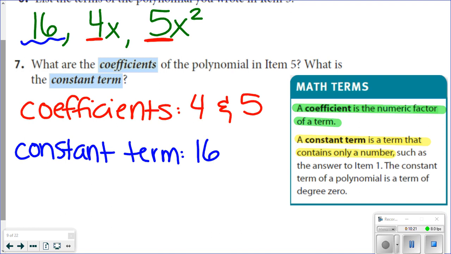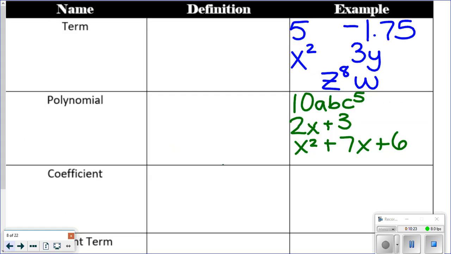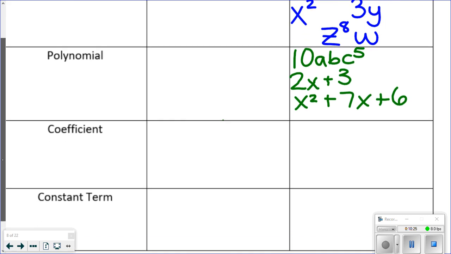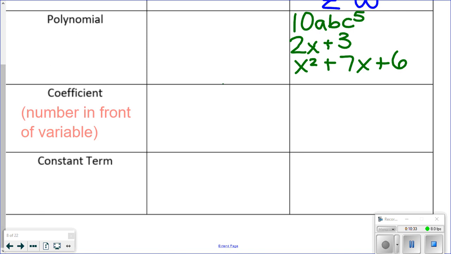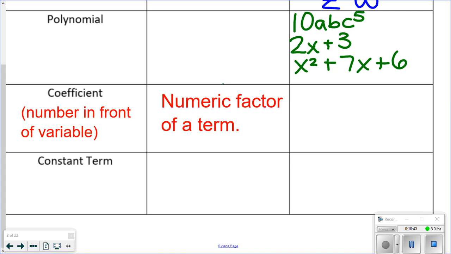So let's add these to our note sheet as well. Coefficient. Underneath it, just as a reminder, I wrote a number in front of a variable. The definition from the book, numeric factor of a term.